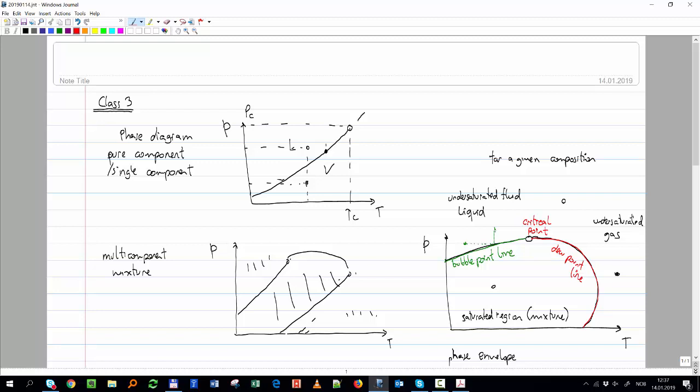Dew, like morning dew, like condensation, giving you some idea on condensation, is the dew point line.